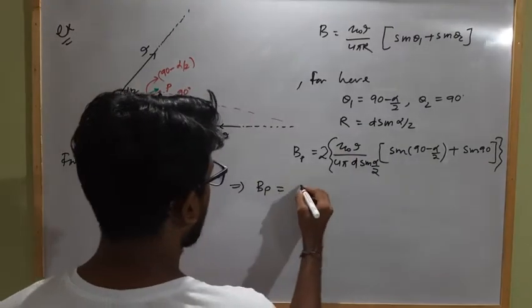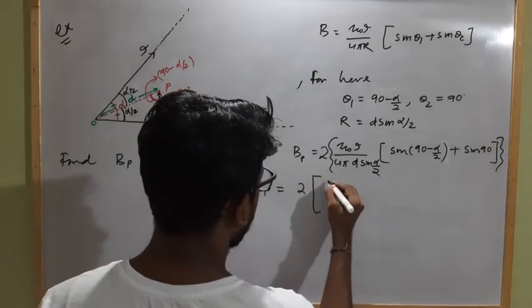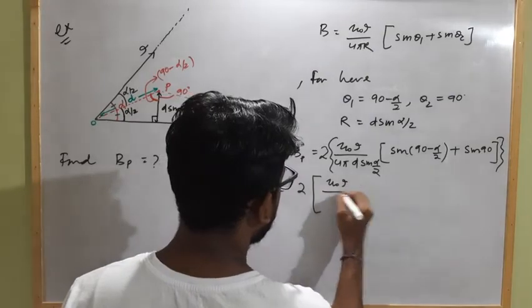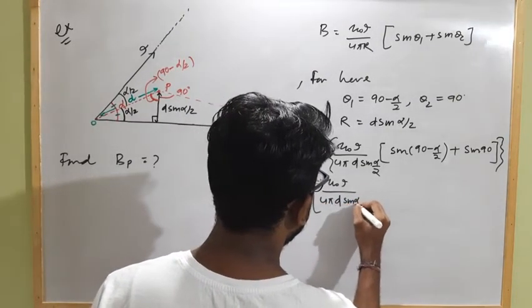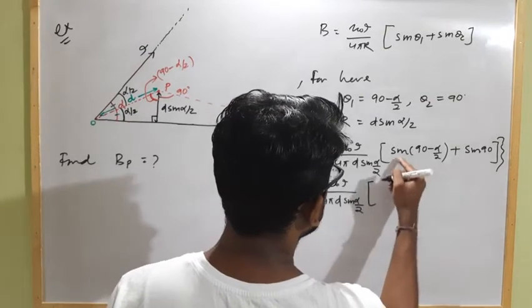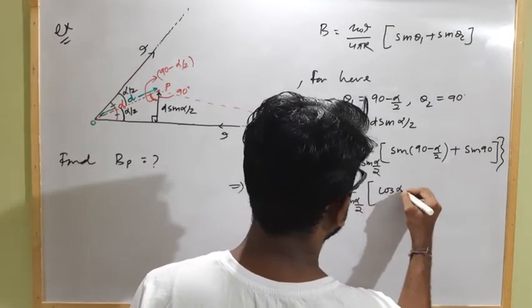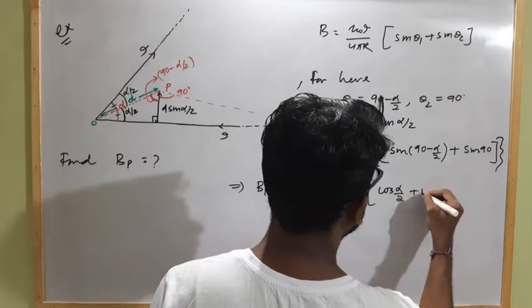So BP will be 2 into mu naught I divided by 4 pi D sin alpha by 2 into sin of 90 minus alpha by 2, which will be cos alpha by 2, plus sin 90, which will be 1.